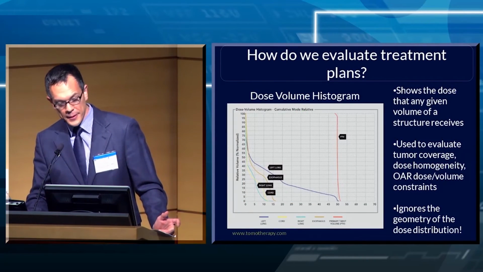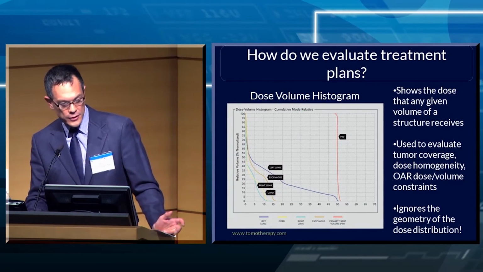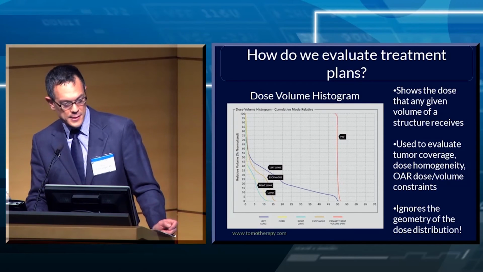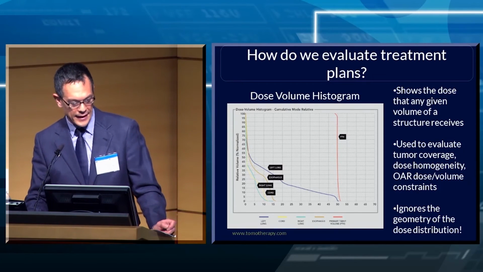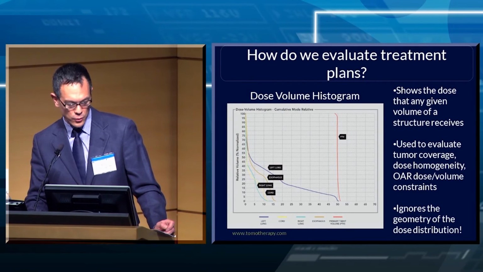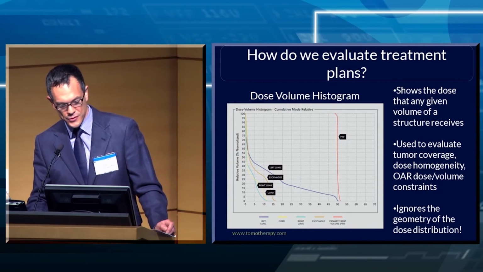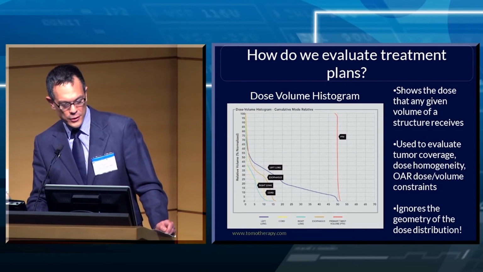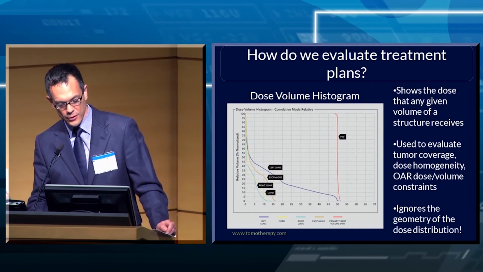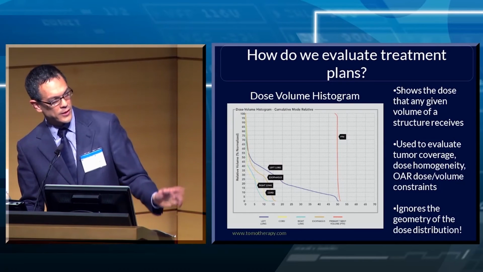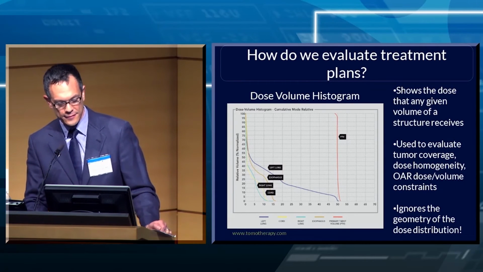Once we have a treatment plan, we need some way to evaluate how good it is, so you need to understand the concept of a dose volume histogram, and that's just a graph of the relative volume or the absolute volume versus dose. So the volume receiving at least some dose, and here you can see a bunch of different curves, and usually for your target, you want to have a curve that's way over here to the right, and for your critical structures, you want to have curves way over to the left, meaning they're not getting a lot of dose.